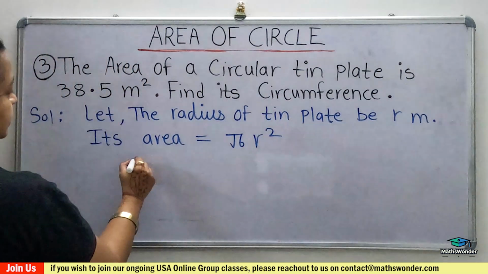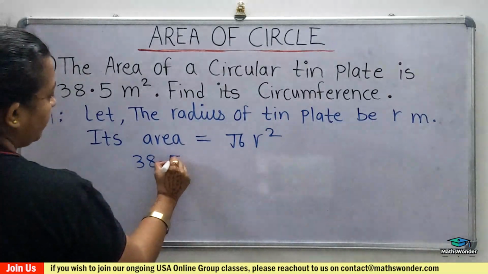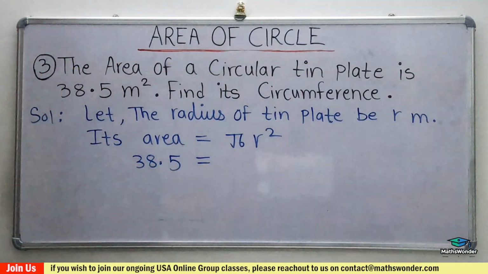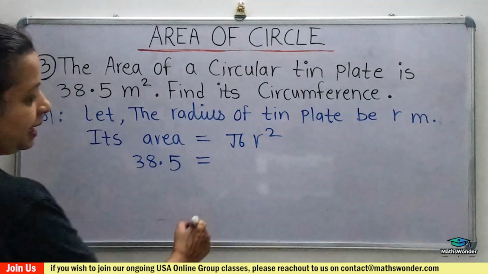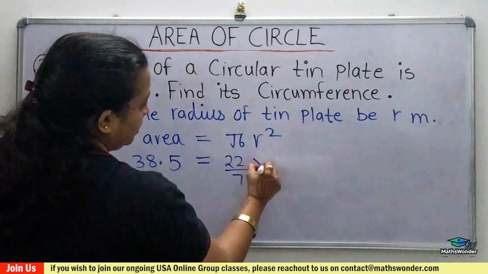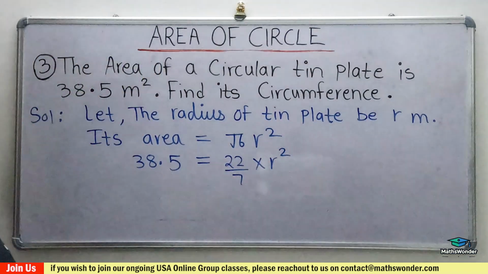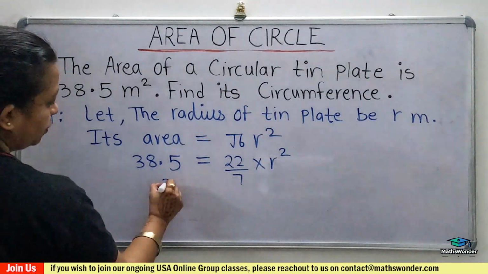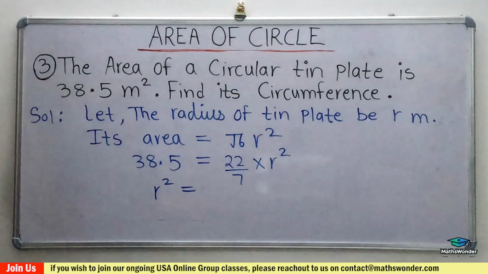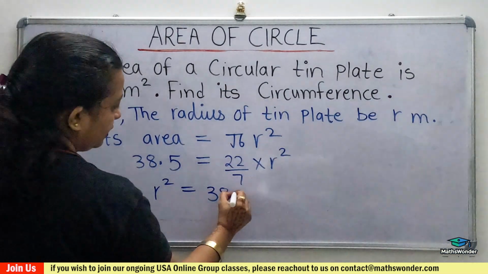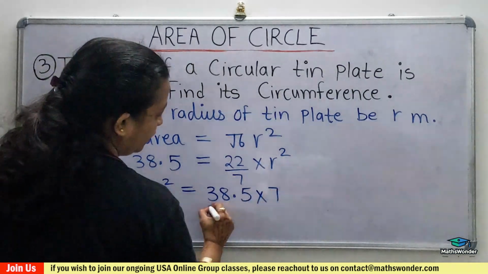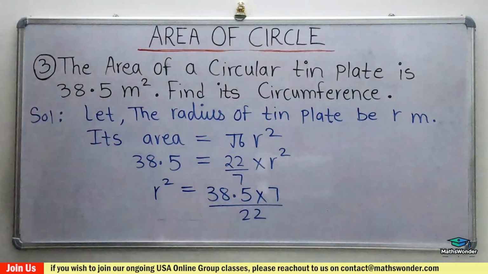Area is given, 38.5. Pi is 22 over 7 times r square. We will find r from this area. So r square is equal to 38.5 times 7 over 22. You will simplify this first.